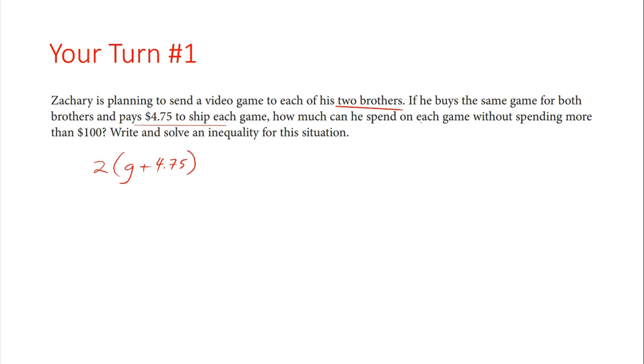How much can he spend on each game without spending more than $100? So does he want to spend more than $100? No. He wants to spend less than, right? Without. That's a negative, right? So without spending more than $100. So he's definitely wanting to be below that threshold. So go ahead, use a distributive property, see how much he could spend for a game for his bros.